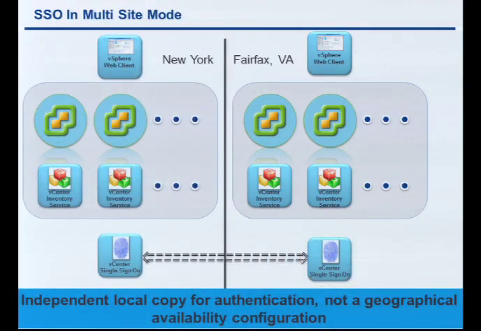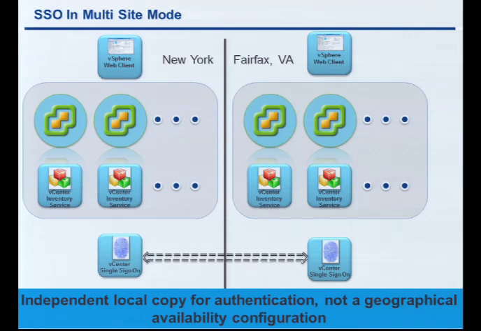Let's look at this other one. If you have data centers that are spread across multiple geographies, so you have an AD domain controller in site 1 and another AD domain controller in site 2, what you do is you set up an SSO in site 1 and point it to your local AD domain controller. You set up an SSO in site 2, point it to the local AD domain controller there, and you can join those two SSOs in what we call multi-site mode.